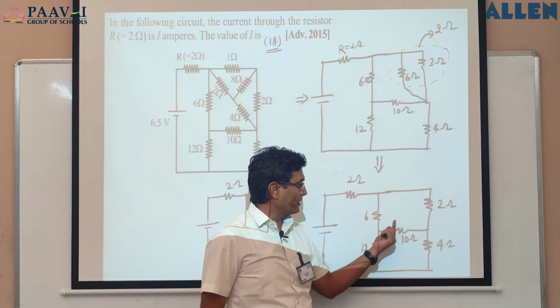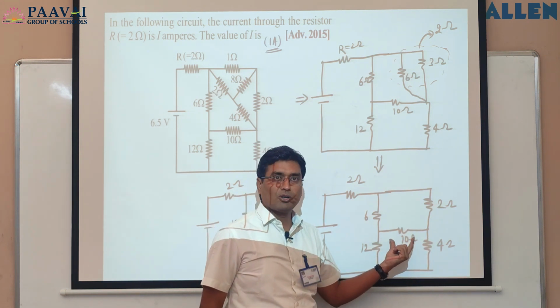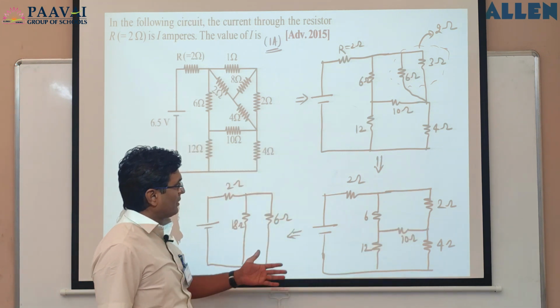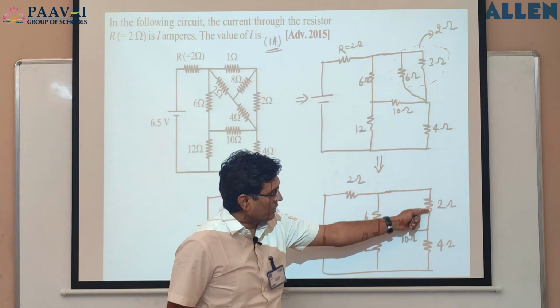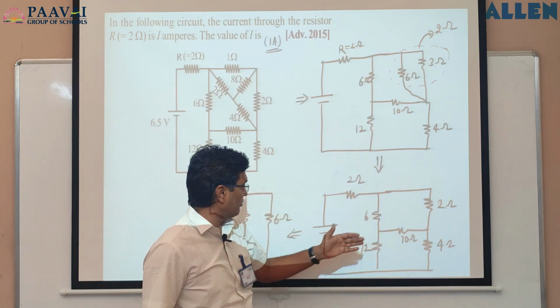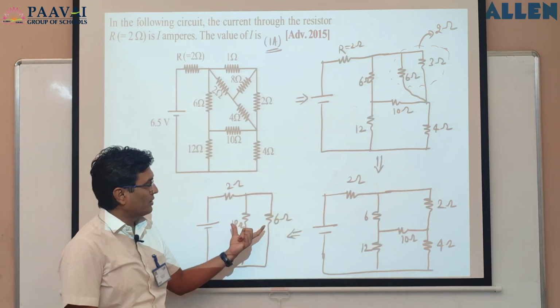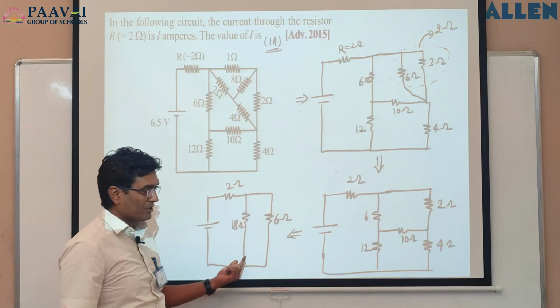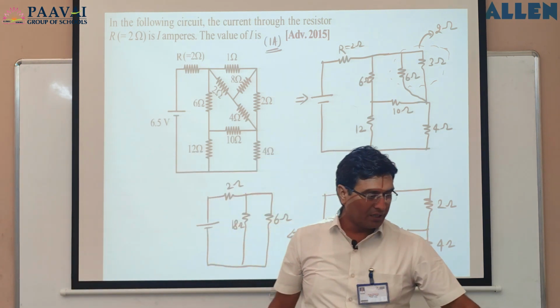We can say that current through this middle 10 ohm resistor will not be there, so we can remove it for calculation of resistance. Then these two resistances will be in series, and the next two also in series. So, 2 plus 4 is 6 ohm here, this is 18 ohm, and this is the parallel combination of 6 and 18 ohm.